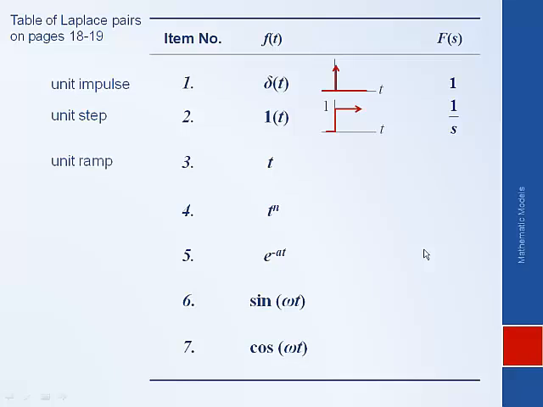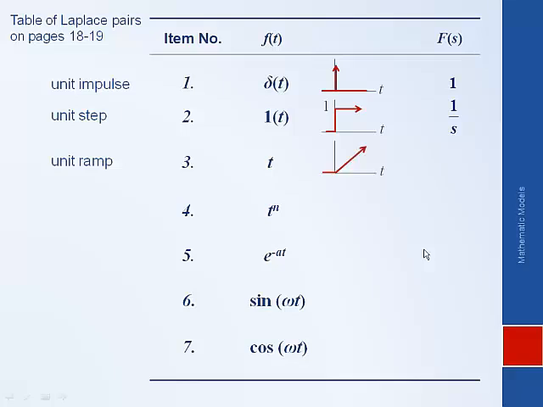Another important function that has its own name is something called the unit ramp, which is just t. What that is, is basically a straight line that has a slope of 1 and a y-intercept of 0. So you can imagine it as y equals mx plus b, where the slope is 1 and the y-intercept is 0.